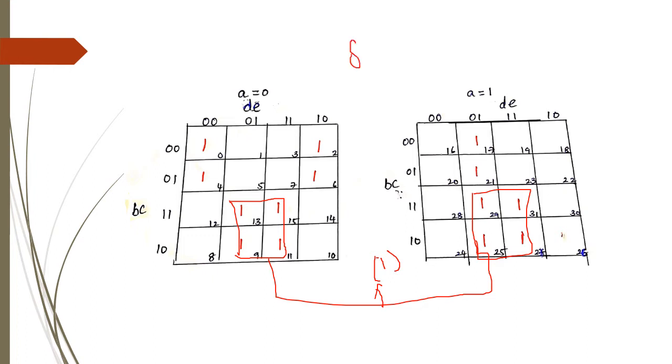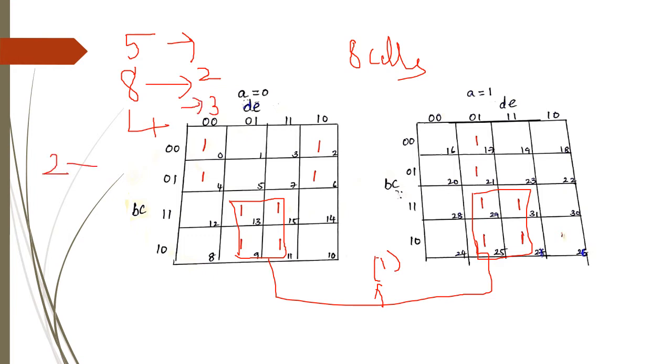In a 5 variable K-map, if I group 8 cells, I get 2 literals. If I group 4 cells together, I get 3 literals, if I group 2 cells, I get 4 literals in the final expression, and if I group 1 cell, I get 5 literals. Here I have grouped 8 cells together, which means I'm going to get 2 literals.